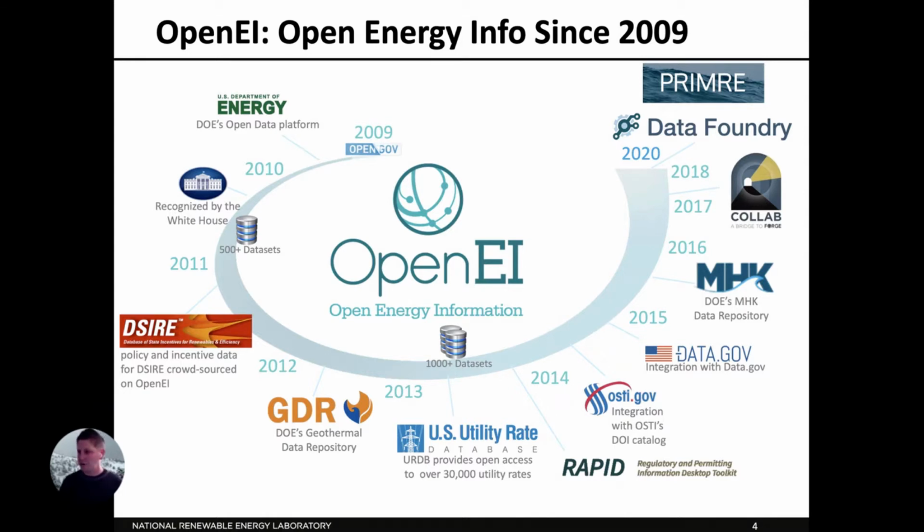There are a lot of great functionality and improvements built into it throughout the years that the MHK Data Repository has been able to leverage since mid-2015, and even some of the tools that have come since then have built onto it. So it's really much a community or an ecosystem of information management tools, and that's why we like to keep the MHKDR on OpenEI.